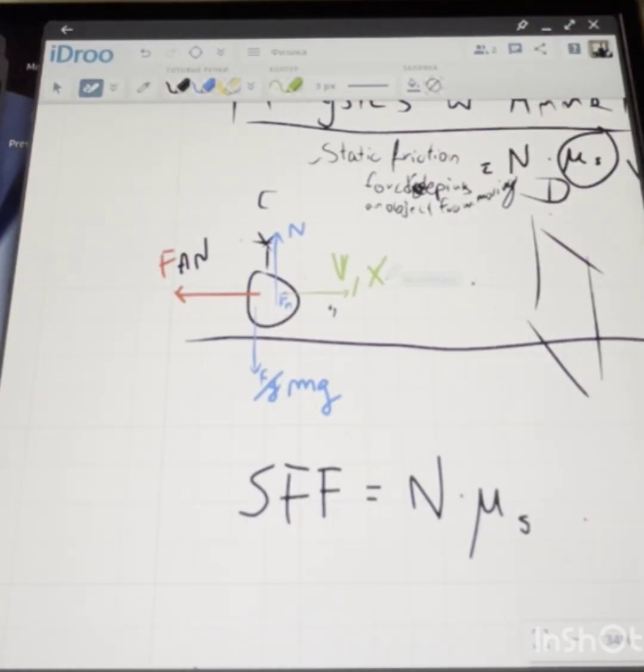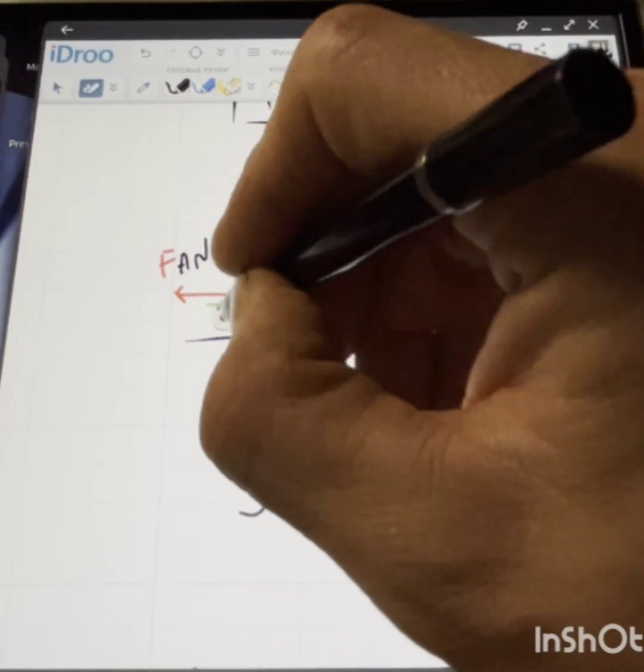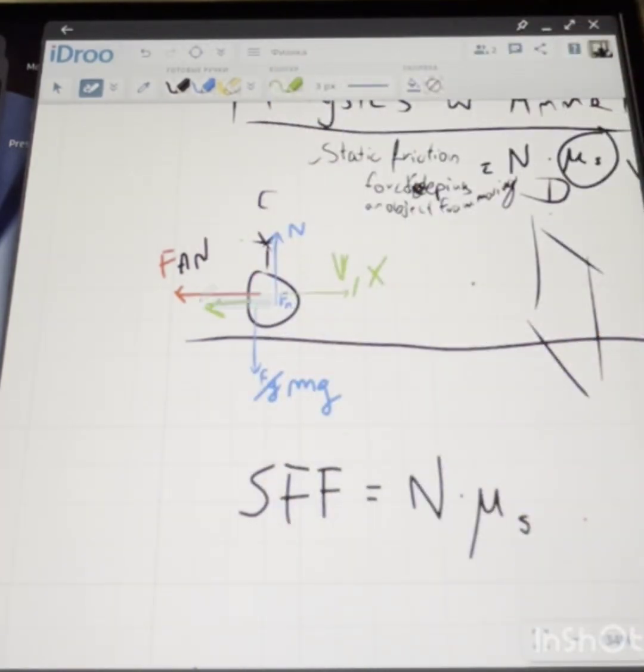But if movement is to the right, where is the friction force directed to? Wait. Here. Yes, of course. It is opposite to the movement. So you have two arrows on that side, which is the fan and the friction. Okay.